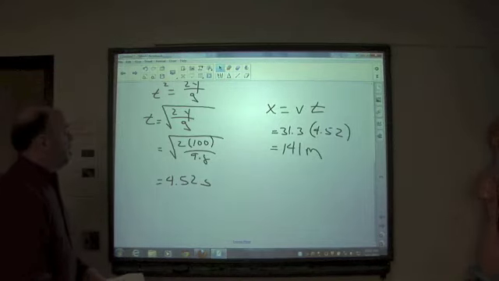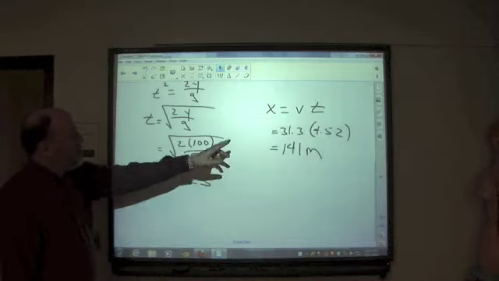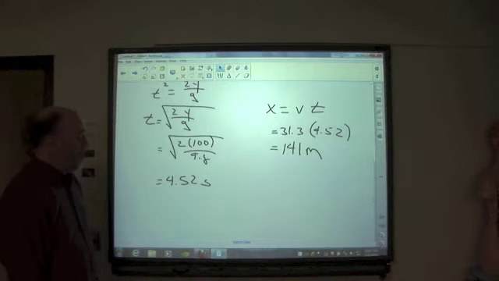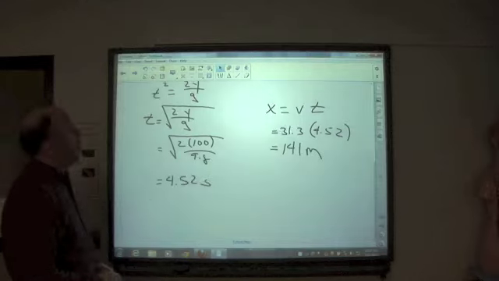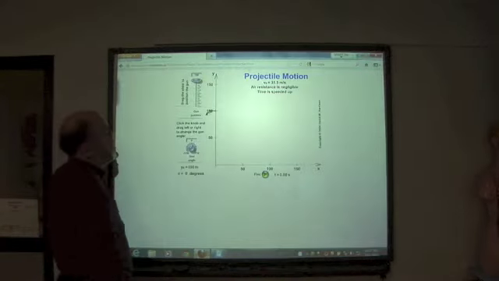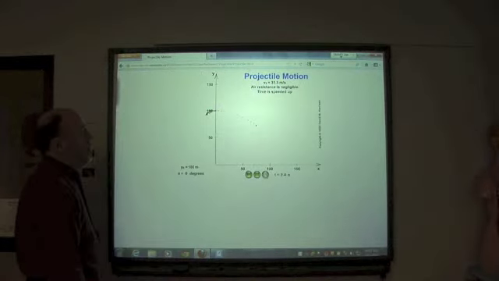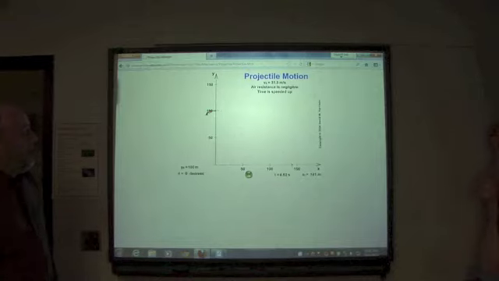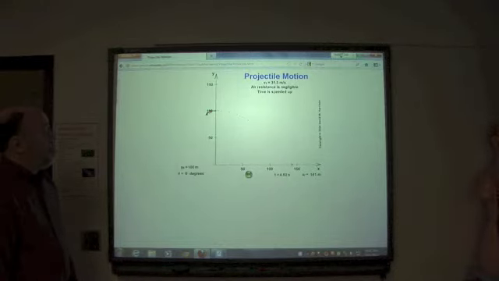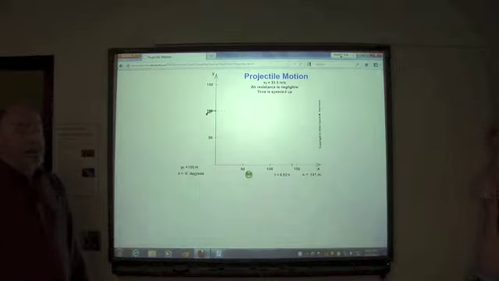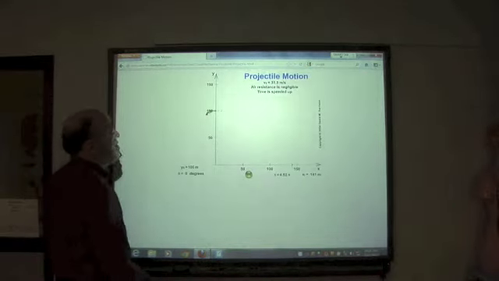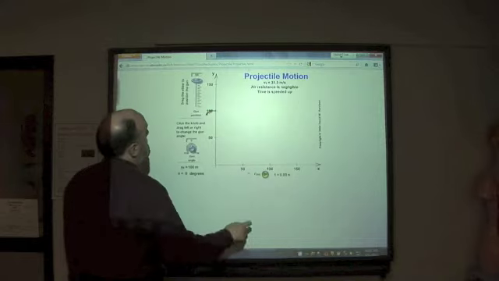Okay. So we got our time of 4.52, our distance of 141 meters, and we can check that against our simulation. And so we run this, and we get 141 meters and 4.52 seconds. Okay. So it matches our calculation.